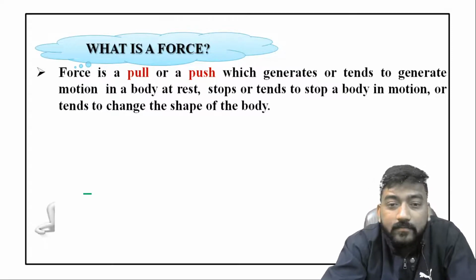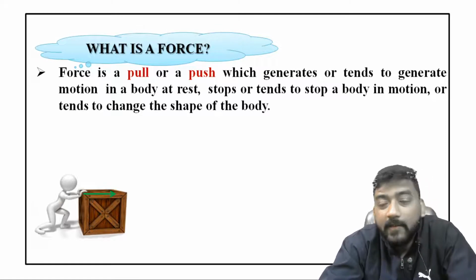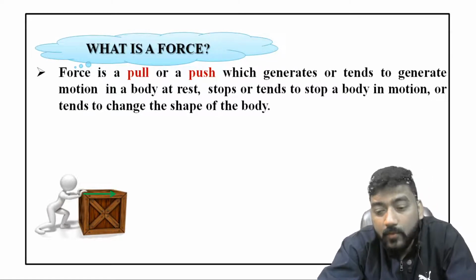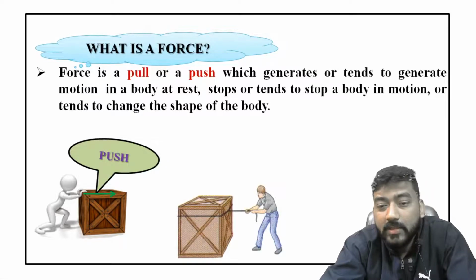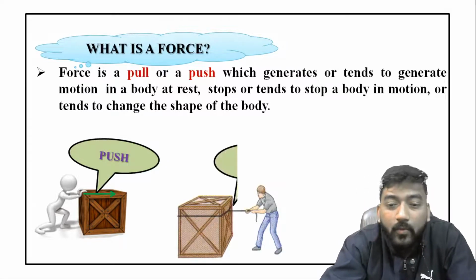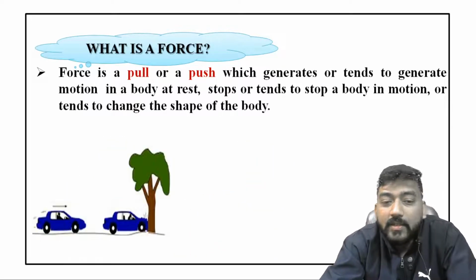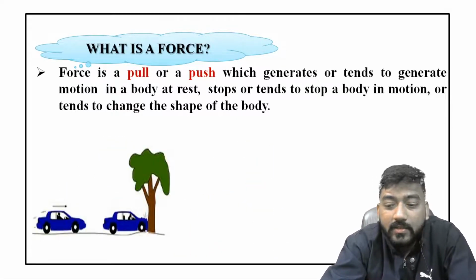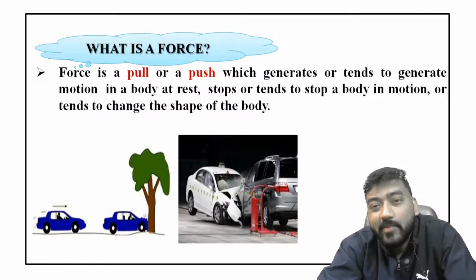Okay, so you can see if you want to move this object maybe there is a push, or if you want to move this object by using this string, it is a pull. So it may be push, maybe pull, or sometimes you can see the shape will be changed. Sometimes in these kinds of accidents, the shape of the objects will be changed.